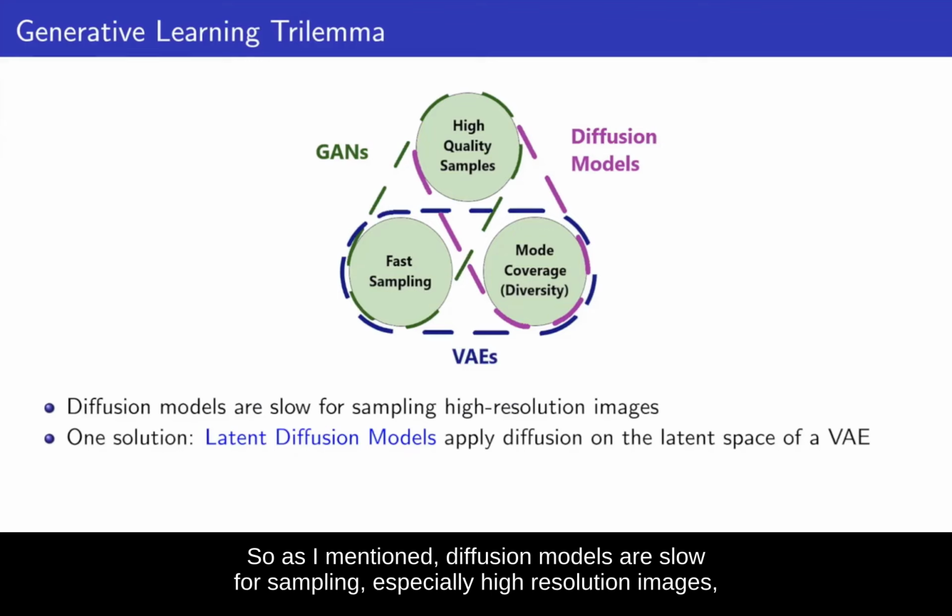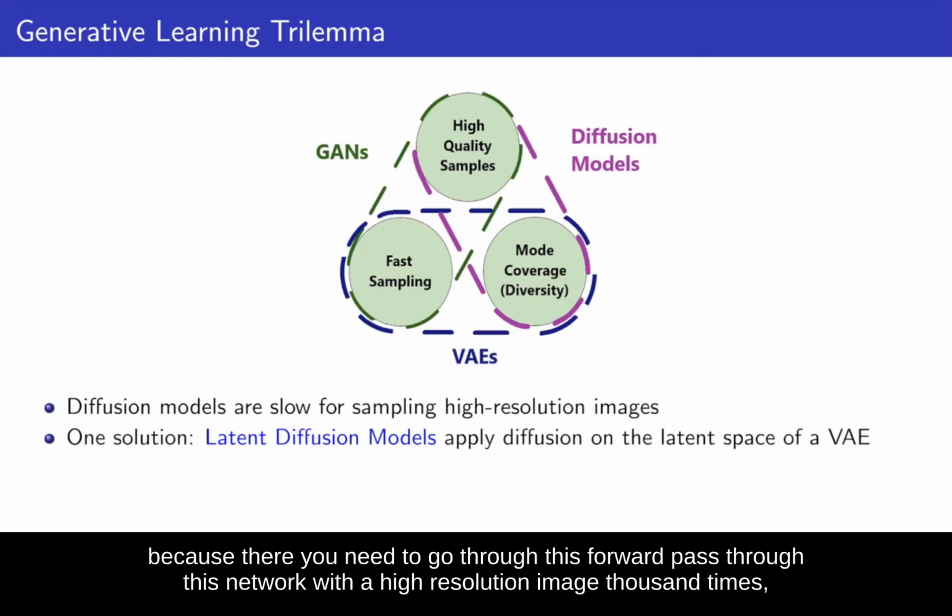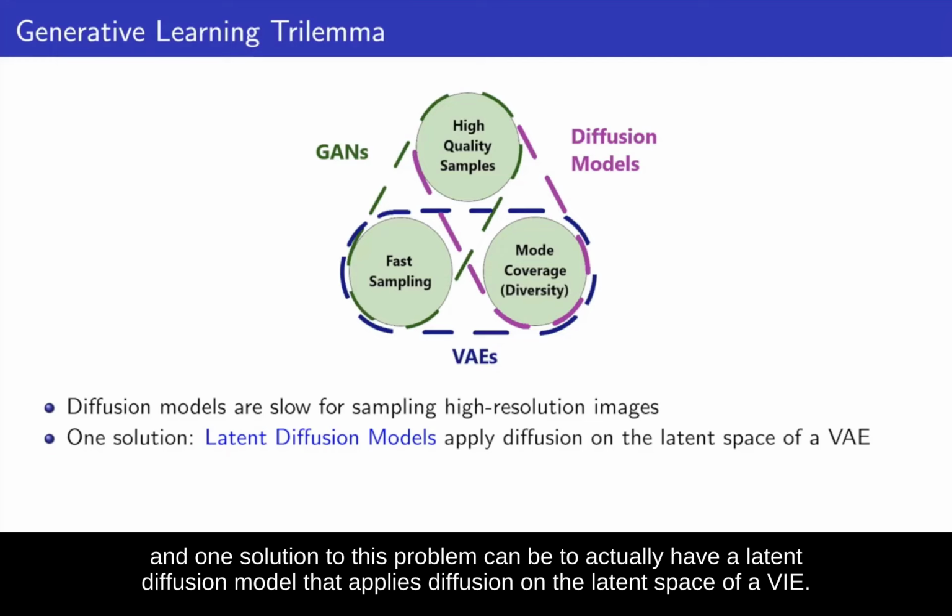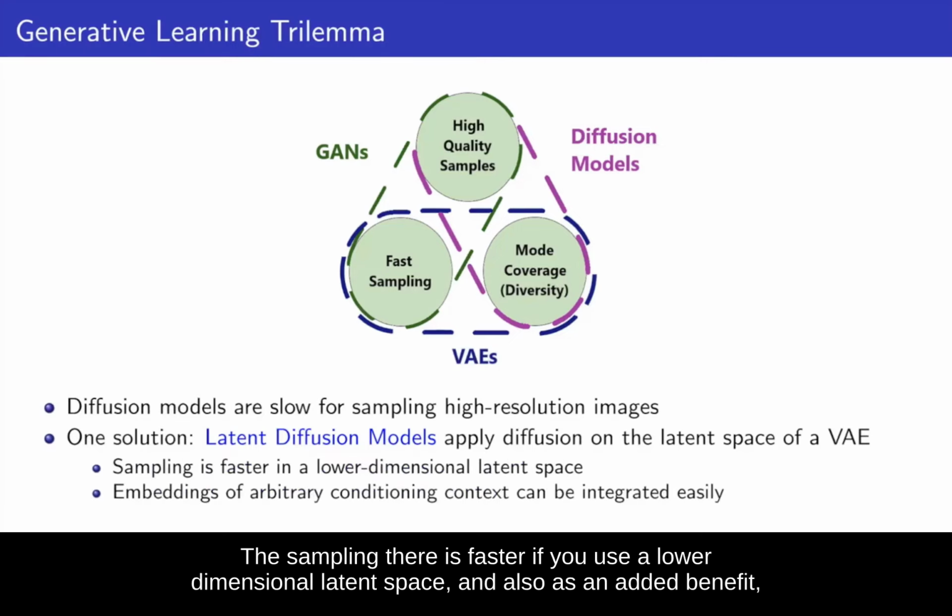As I mentioned, diffusion models are slow for sampling, especially high resolution images, because there you need to do a forward pass through this network with a high resolution image 1,000 times. One solution to this problem can be to have a latent diffusion model that applies diffusion on the latent space of a VAE.